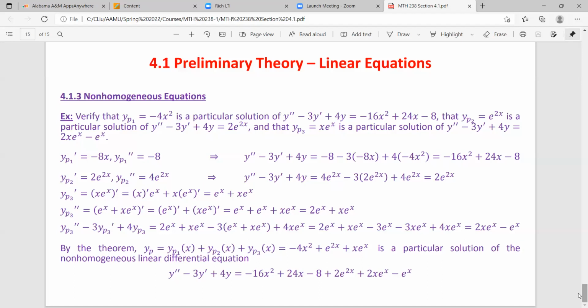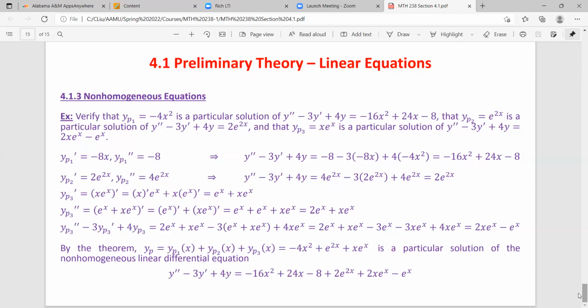And you still keep the left side the same, y double prime minus 3y prime plus 4y. So you get another different equation. To find the particular solution of this equation, you just need to add all the particular solutions for the previous differential equations, which are -4x squared, e to 2x, and x e to the x.